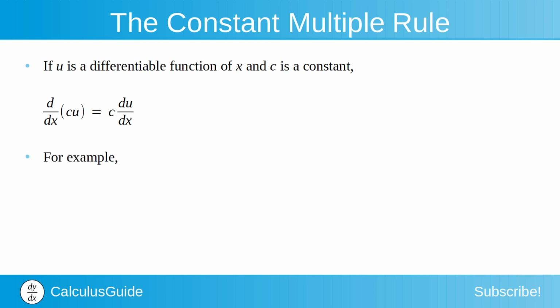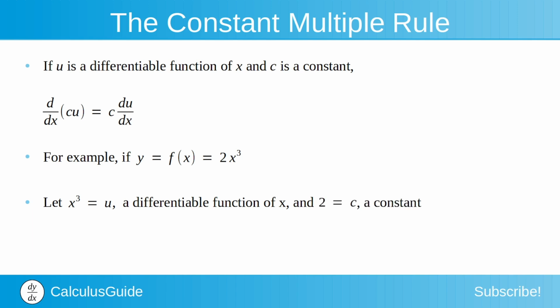For example, if y equals f of x is equal to 2x cubed, we can let x cubed equal u, a differentiable function of x, and 2 equals c, a constant. The derivative df dx is equal to the derivative of 2x cubed with respect to x.